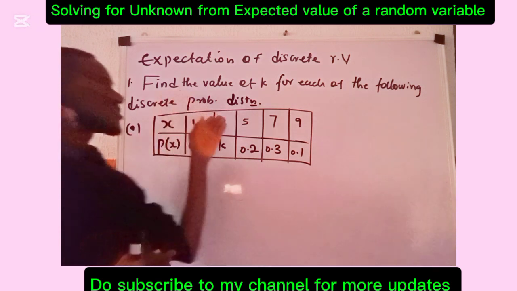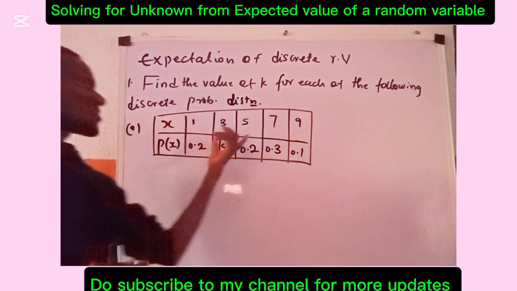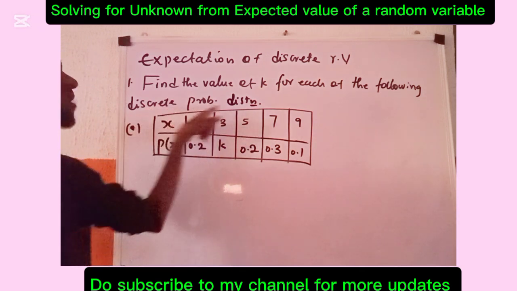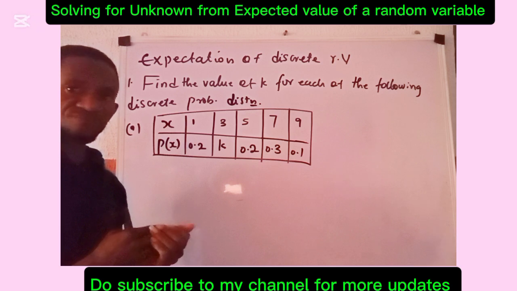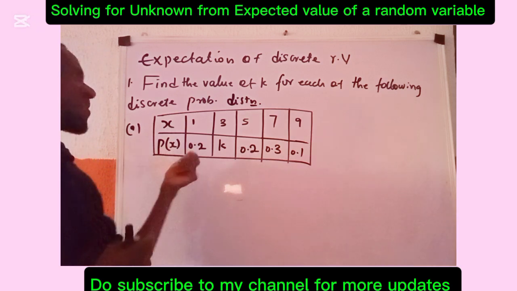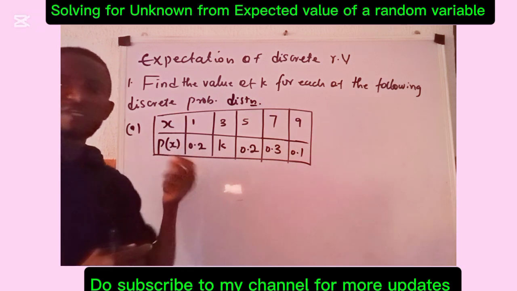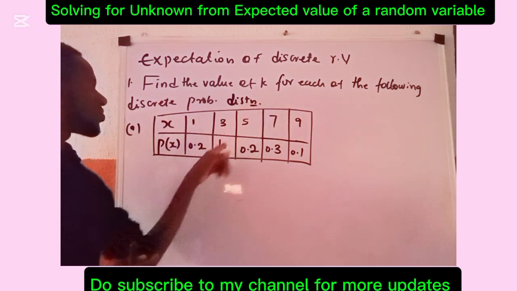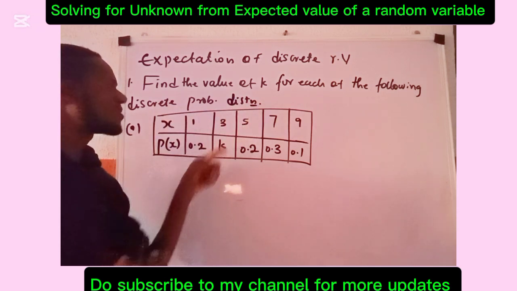We have information that the distribution we have is a discrete probability distribution. And we are expected to use the knowledge of a discrete probability distribution to evaluate the value of this k.